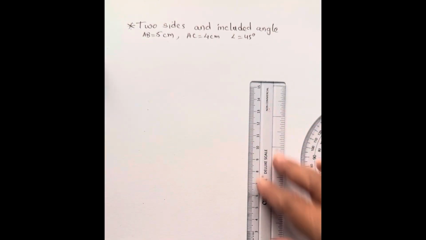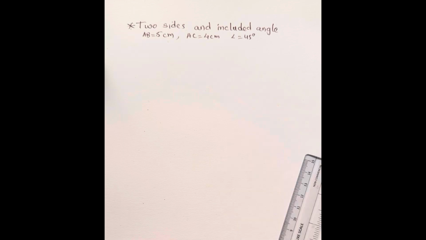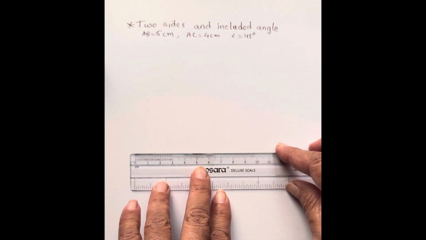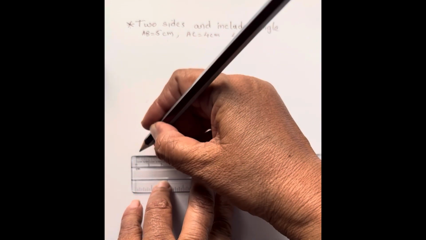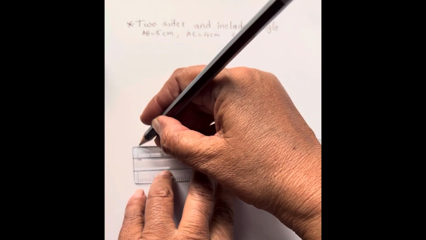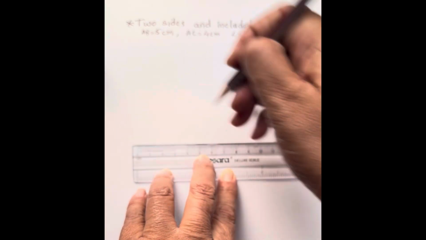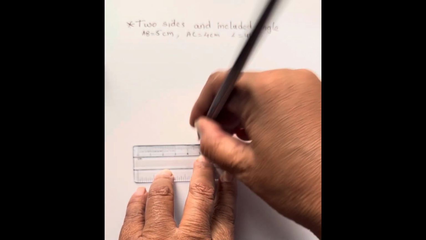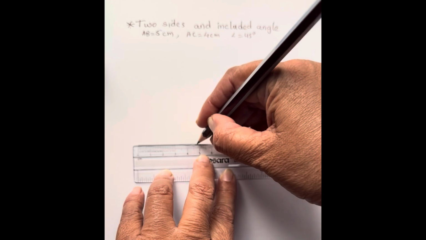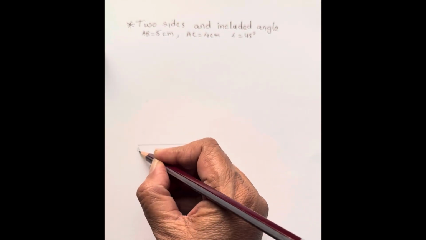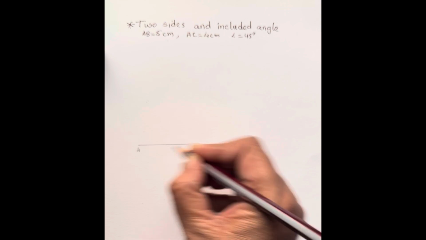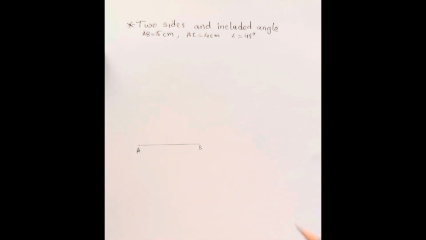Right, so first we make the baseline with the help of a scale. So baseline we take it as 5 centimeter, whichever is the greatest. This is point A, this is point B.